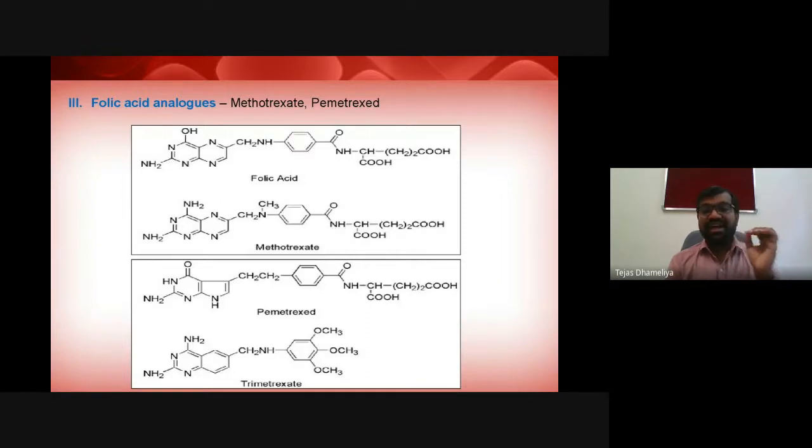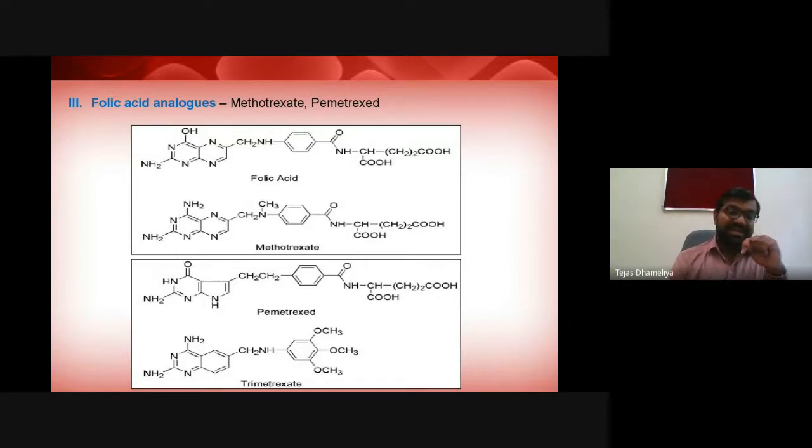But if you have a habit of eating green leafy vegetables, such as your salad, tomato, cabbage, spinach, carrot, whatever you eat, that is a potential source of folic acid, and basically we can utilize that folic acid directly from our food.